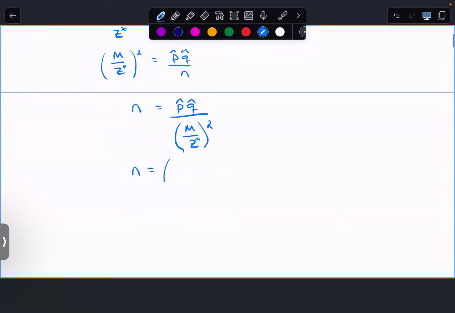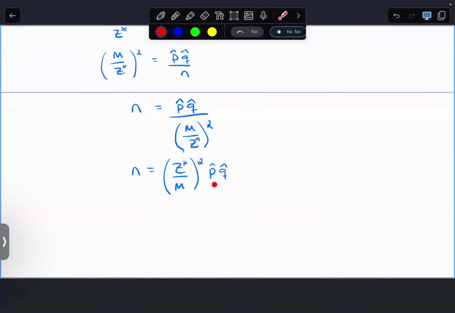So I get Z star over M squared times p hat q hat, which almost matches what's on your formula sheet, except remember the problem is I haven't collected any data yet.